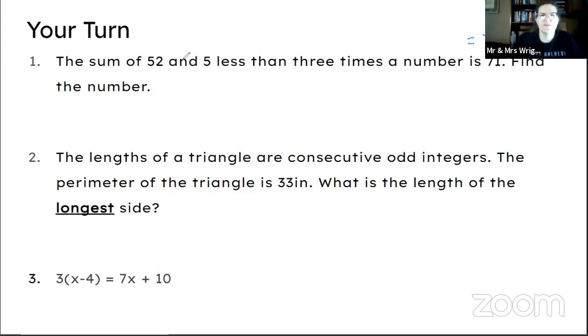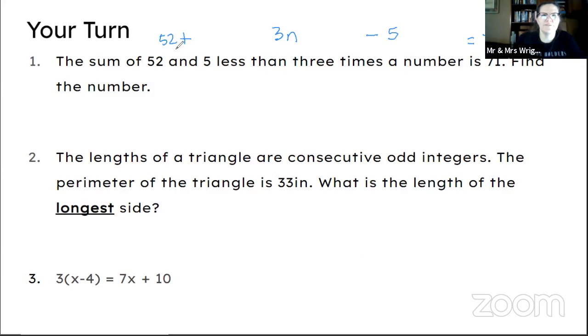All right, the sum of 52 and, so 52 plus, and the sum. Okay, 5 less than 3 times a number. Well, I know 5 less, I'm going to put that at the end. 3 times a number. Let me put this down here on the bottom.